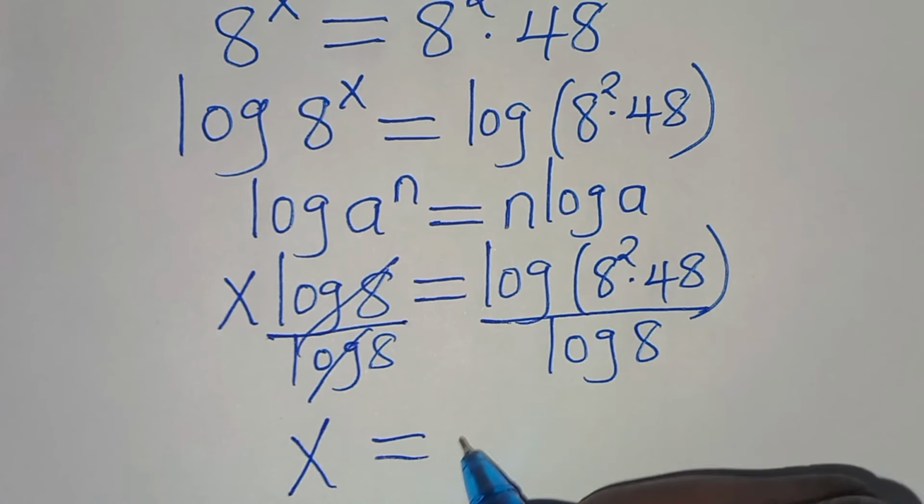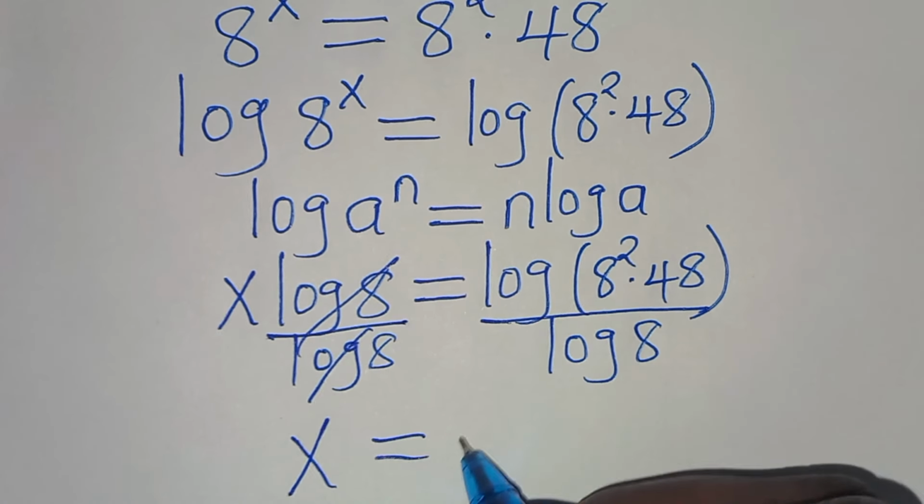This is in the form of log a times b, which we can express as log a plus log b. Applying this logarithm property, we have that x is equal to log 8 to the power of 2 divided by log 8, plus log 48 divided by log 8.